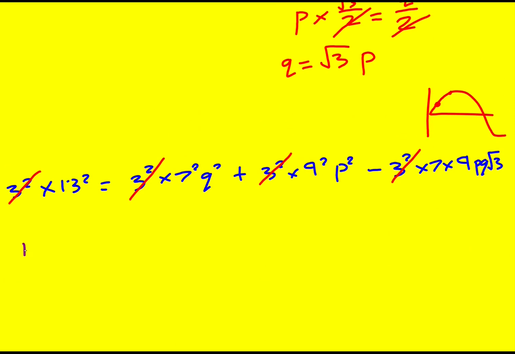Okay, let's leave it as 13 squared for the moment. That's going to equal 7 squared times Q squared, which is going to be 3P squared.